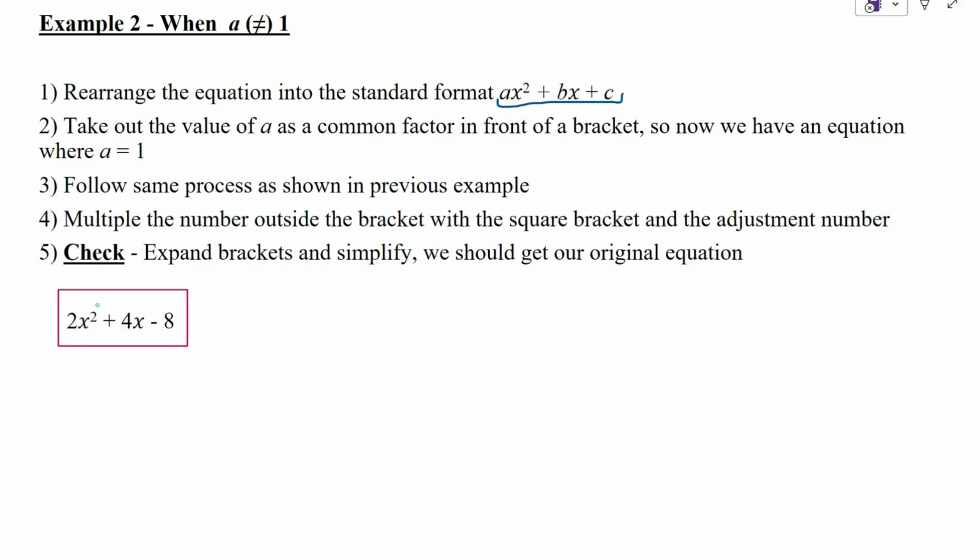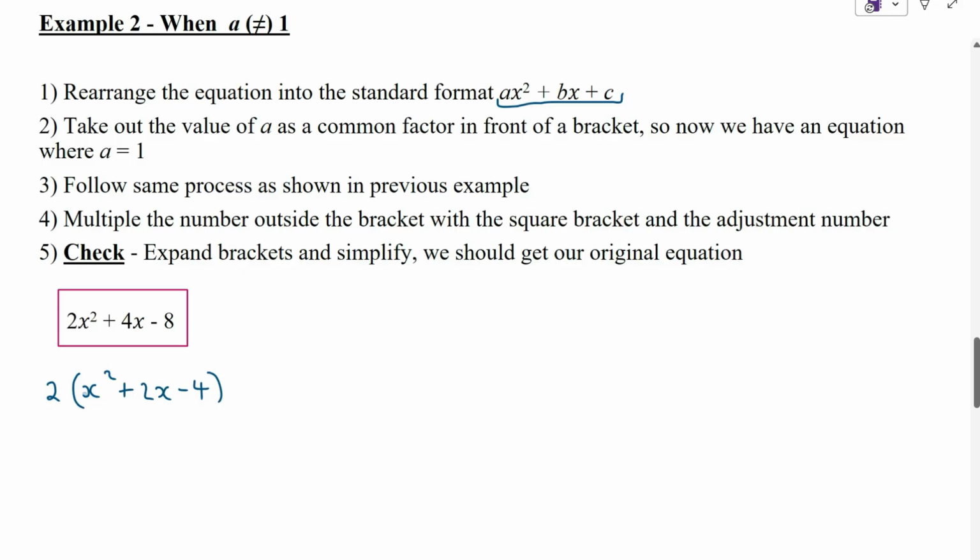Next, before we complete the square, we need to take out the value of a as a common factor and kind of factorize it in a sense, so that we can work with this equation, then multiply it by that factor. So we can see here the number in front of x is 2, so let's take that out. That will give us x squared plus 2x minus 4.